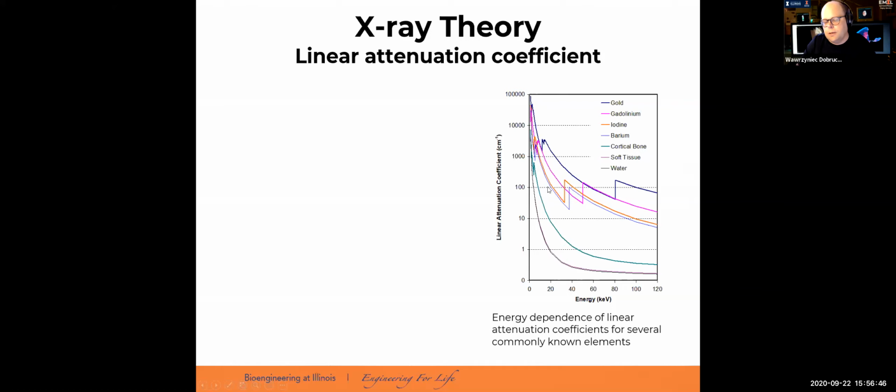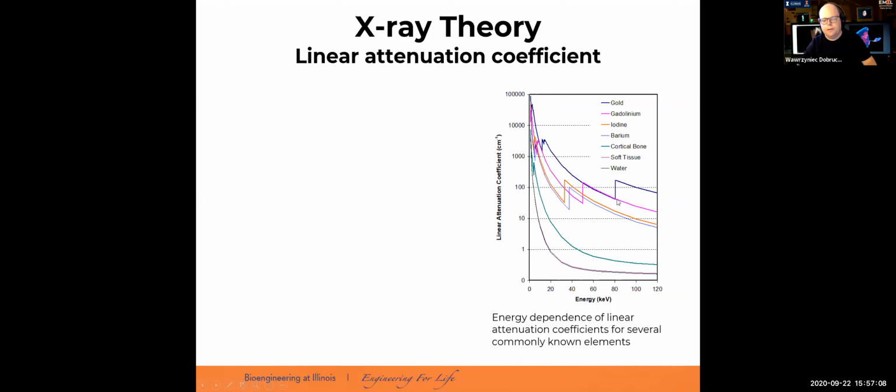It's dramatic if you look at the logarithmic scale: we are talking several orders of magnitude higher. And the same is true for the others: gadolinium, barium, gold nanoparticles, or generally gold.